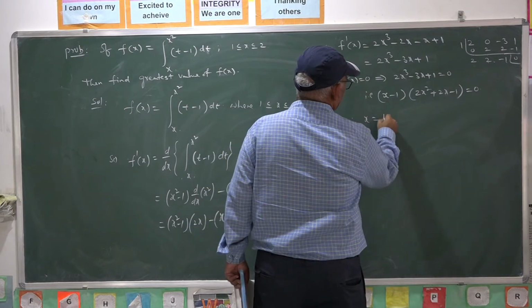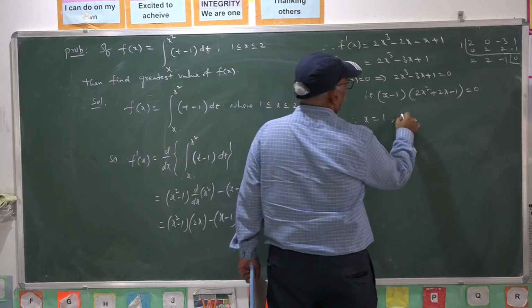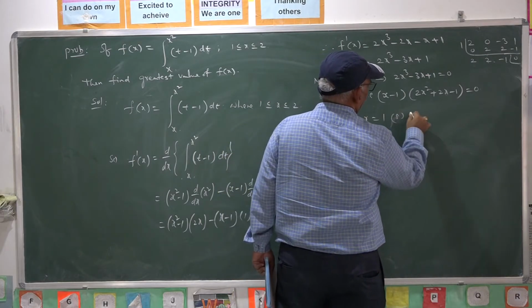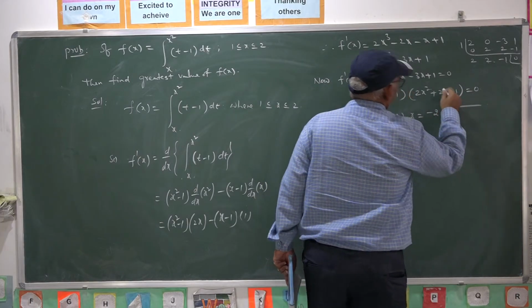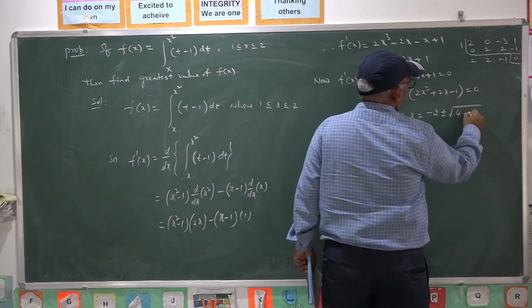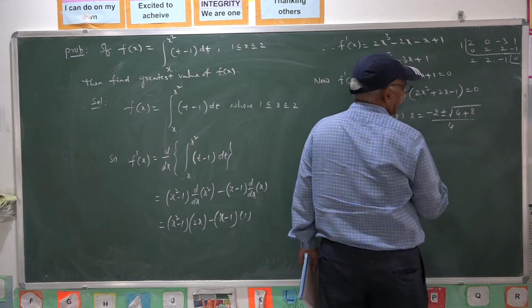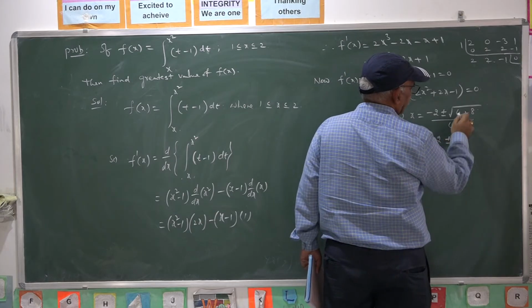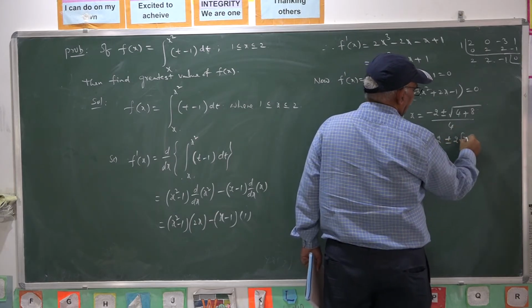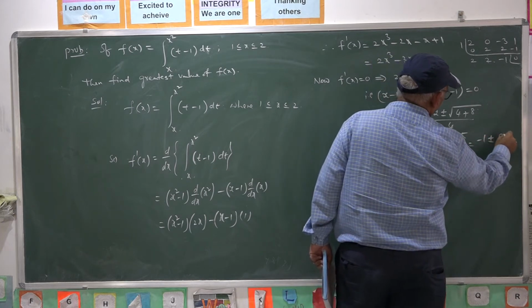Therefore, x takes the value 1, or x equal to, from this, minus b plus or minus square root of b square minus 4ac, that is 4 plus 8, by 2a, that is 4. That is minus 2 plus or minus root 12, means 2 root 3, by 4, which is minus 1 plus or minus root 3 by 2.